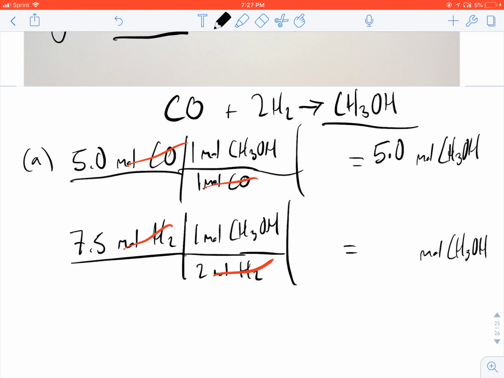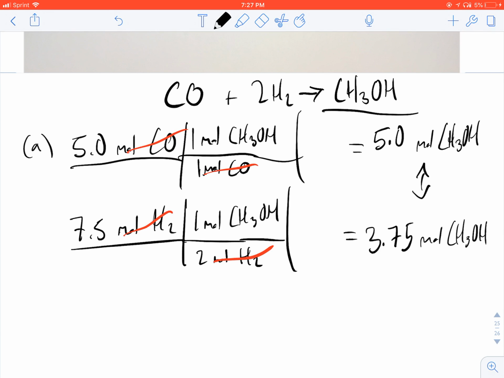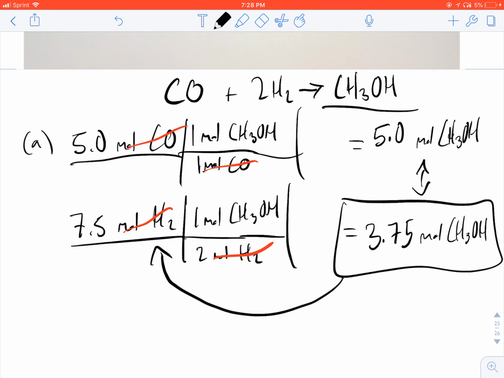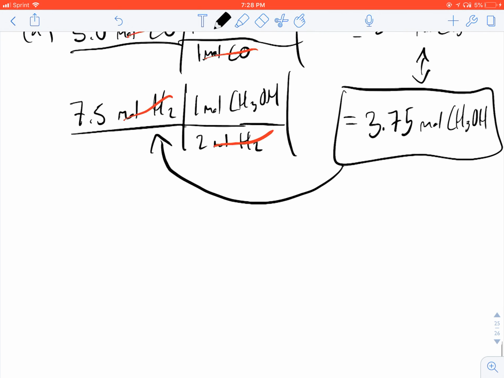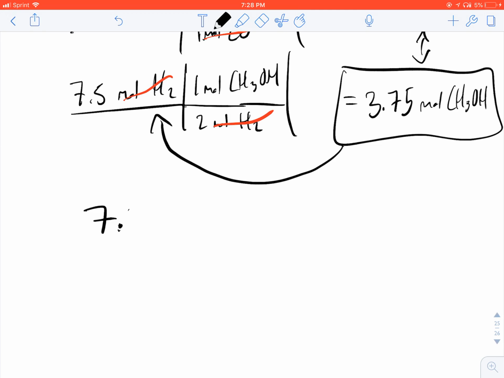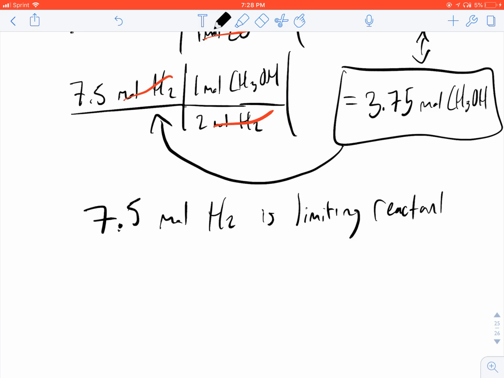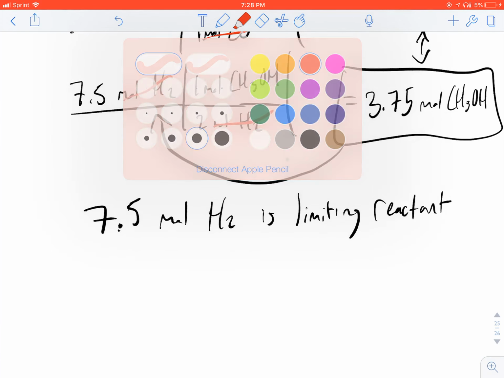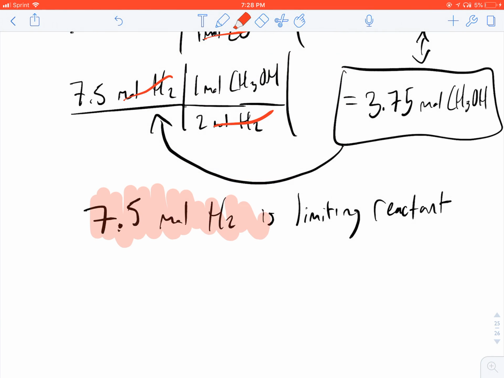And down at the bottom here, I think that's 3.75 moles of methanol. So comparing these two, we can see that this right here is the least amount of product made, which means that 7.5 moles of H2 is the limiting reactant. And that would be our answer for part A.